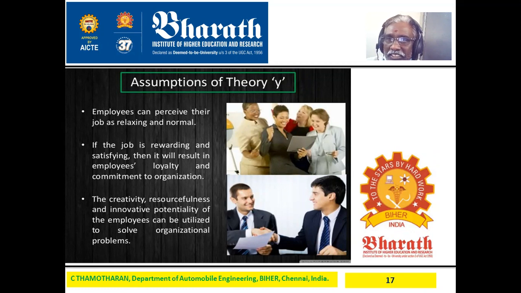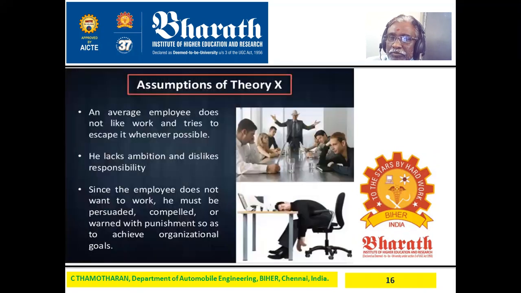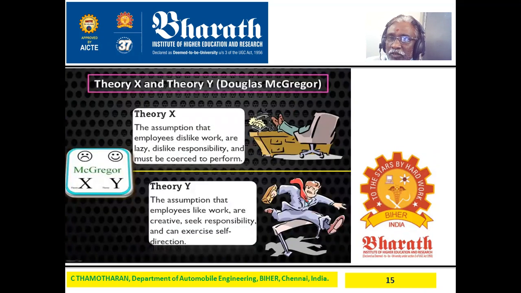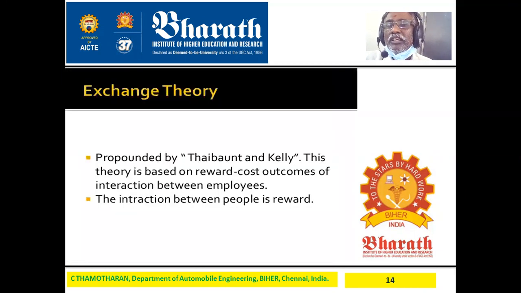How the Theory X and Theory Y assumptions are made by Douglas McGregor. Very easily differentiated by X and Y theory. From that we can assume which implies performing well, which category.